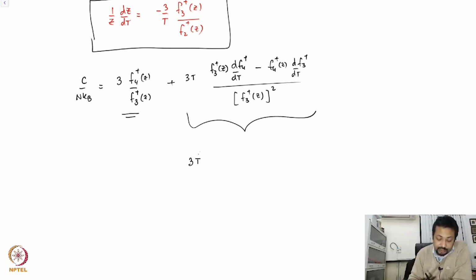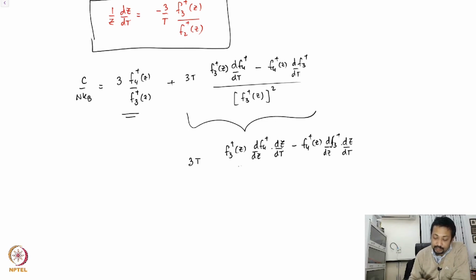So this is 3t times f3+(z), and this is d/dz of f4+ times dz/dt, minus f4+(z) d/dz of f3+ times dz/dt, divided by f3+(z) whole square.